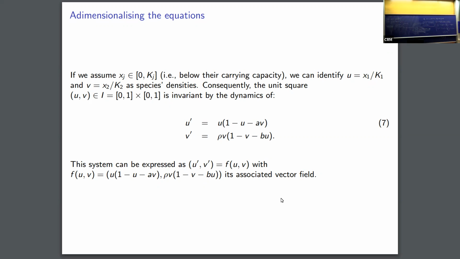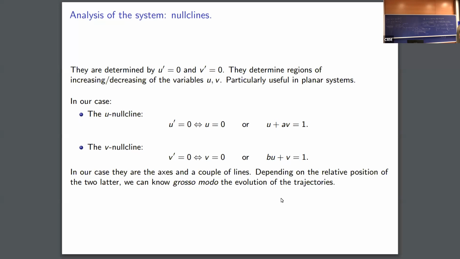The good point about nullclines is that if you intersect nullclines, what you get is equilibrium points. And this is very geometrical. So in my case, for the first nullcline, I have u equal to 0 or that straight line. In the case of v, I have v equal to 0 and the other one. If you want, in a generic case, you have many things just from this very geometrical information. So you have something like this.